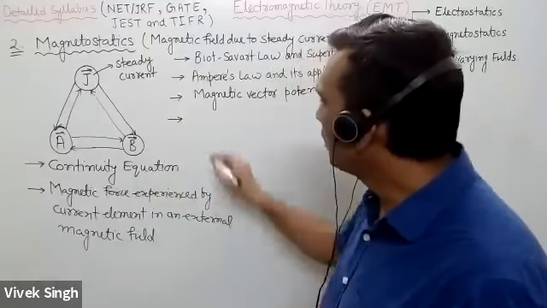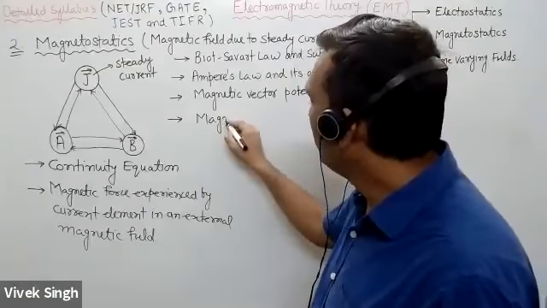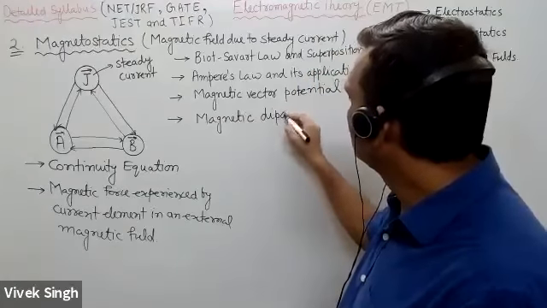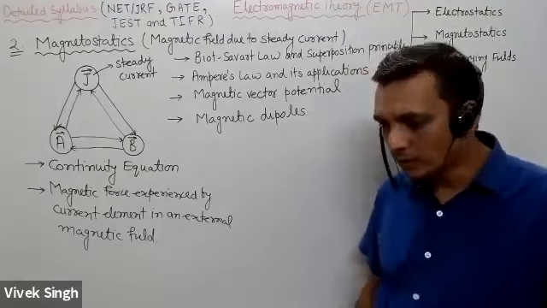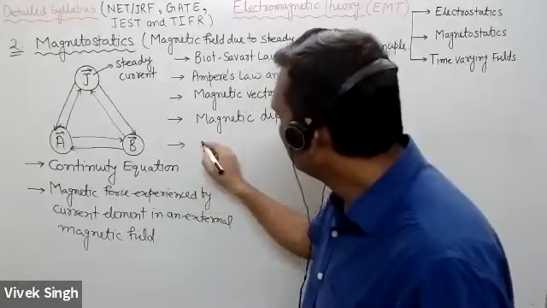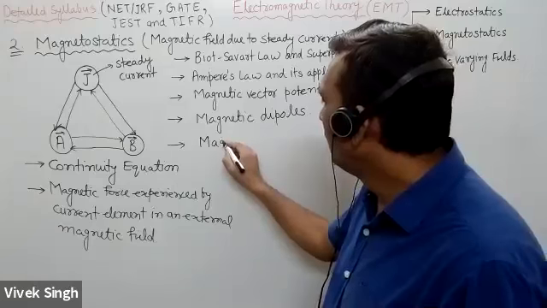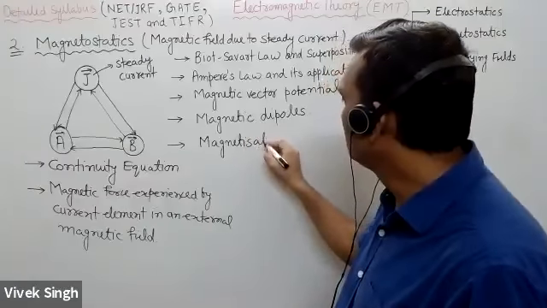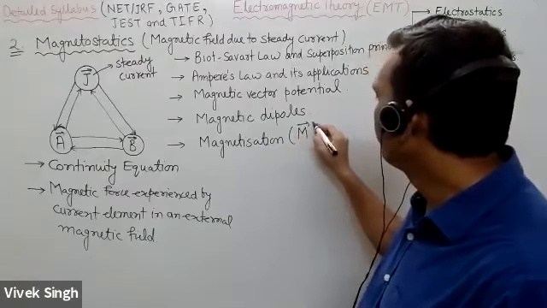We will also talk about magnetic dipoles. Then we will talk about magnetization, magnetization vector M.